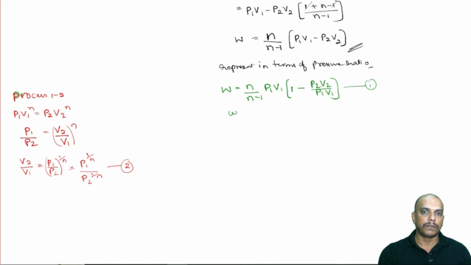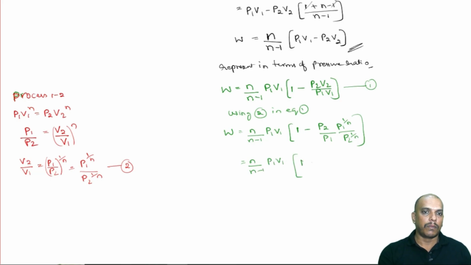So, using equation 2 in equation 1, what we can do is W is equal to n by n minus 1, P1 V1, 1 minus P2 by P1, and this will be P1 power 1 by n divided by P2 power 1 by n. Now, let us simplify it further. 1 minus P2, I will take it to the numerator, it will be minus 1 by n.